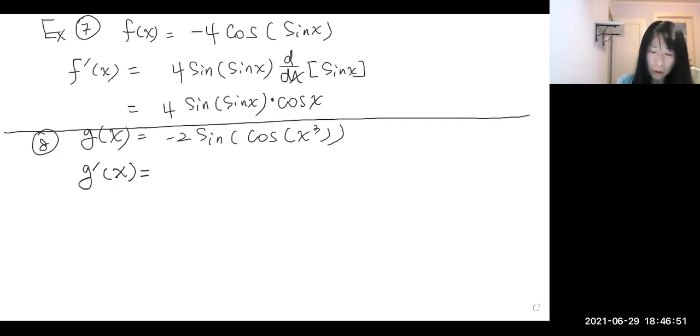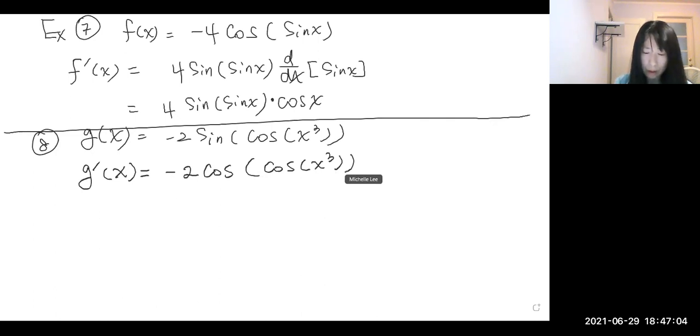Cosine, right? But then we have a coefficient, so we keep the coefficient. So negative 2 cosine. Now we just rewrite this one. All right. Now we're going to apply the chain rule, whatever is inside. So cosine of x cubed.